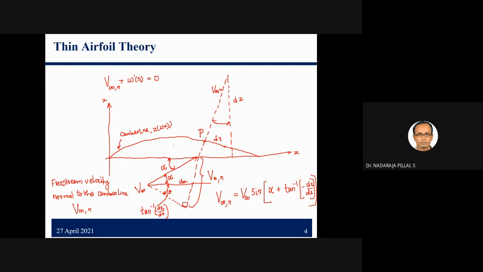Right, we can go to the next point. And please note always here the alpha is expressed in radians, right? All the angles are expressed in radians.